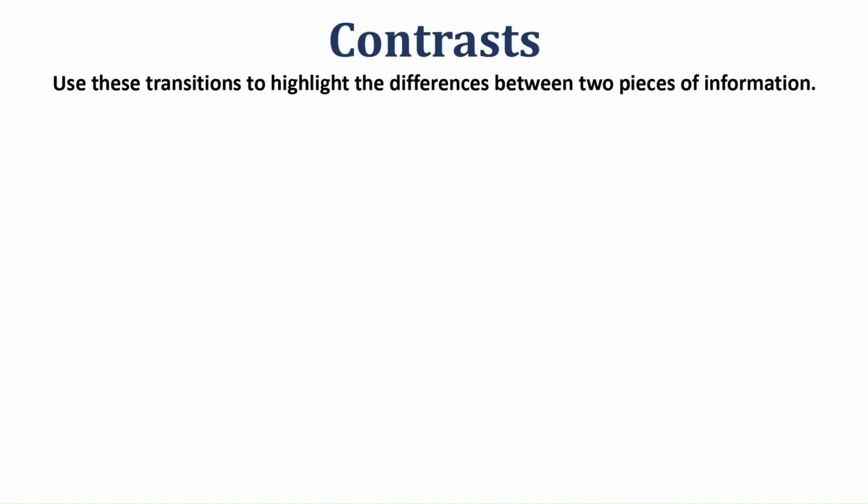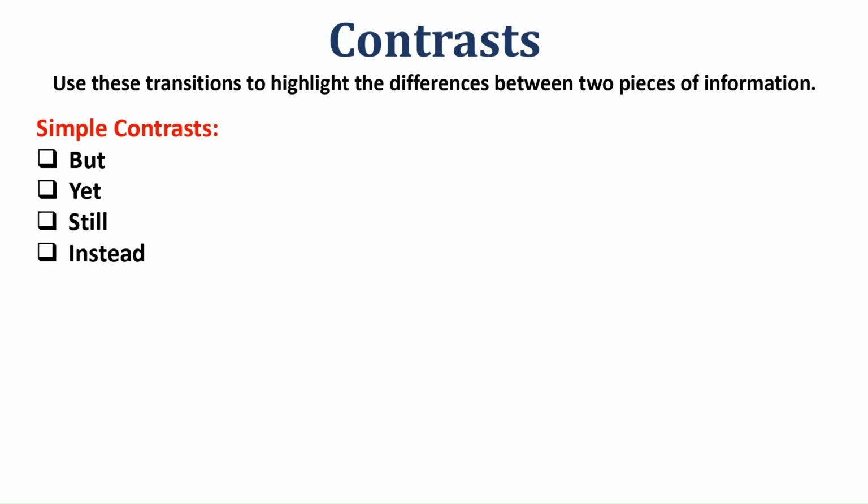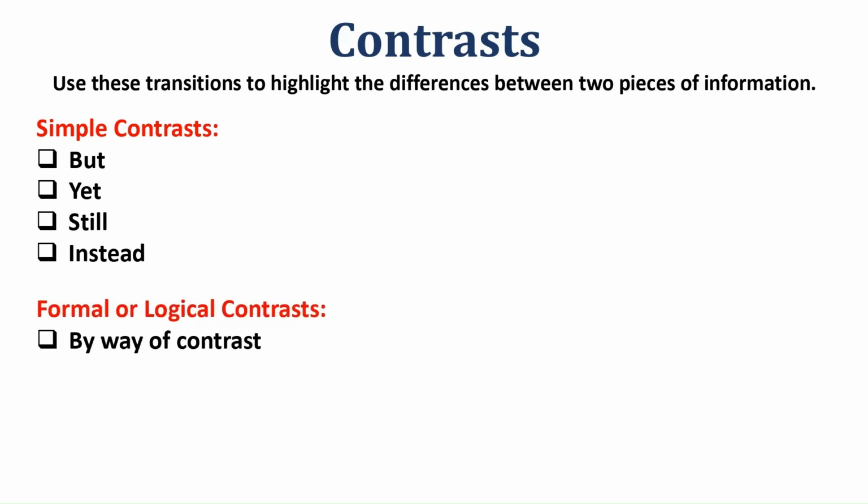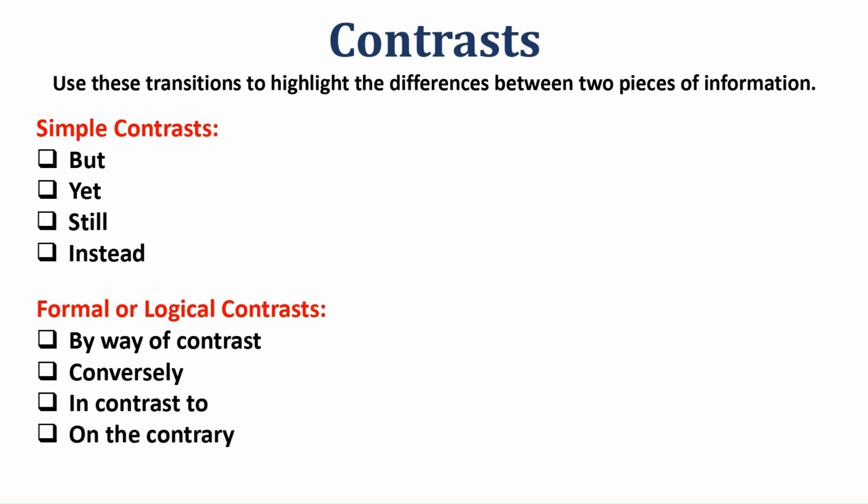Contrasts. Use these transitions to highlight the differences between two pieces of information. Simple contrasts: but, yet, still, instead. Formal or logical contrasts: by way of contrast, conversely, in contrast to, on the contrary, on the other hand.